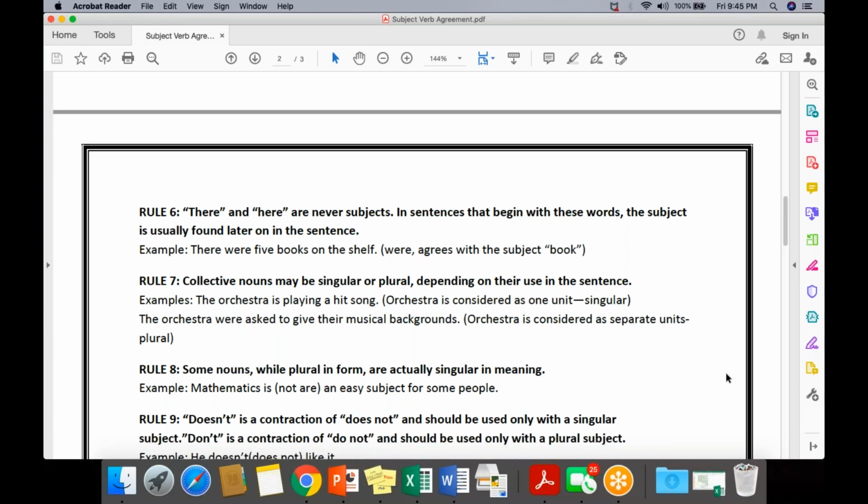Is it clear? Is it right? If I say that each and every person, the orchestra were asked to give their musical backgrounds, the word their reflects that I am talking about all the individuals who are part of the orchestra. Orchestra is a collective noun for a group of people who are delivering music.